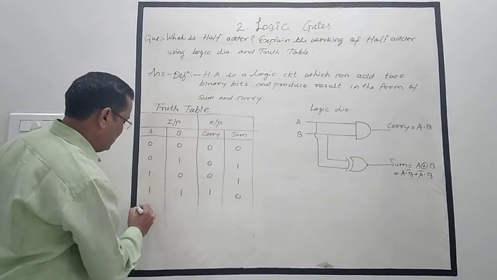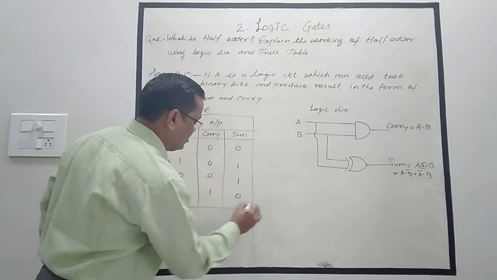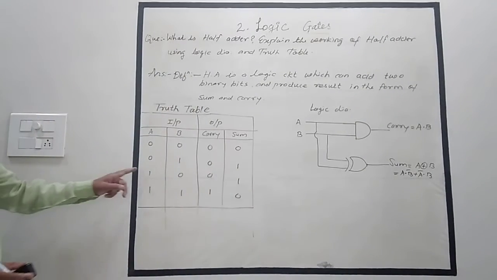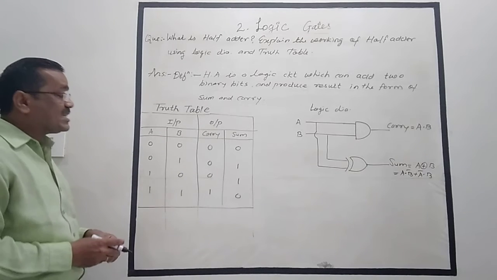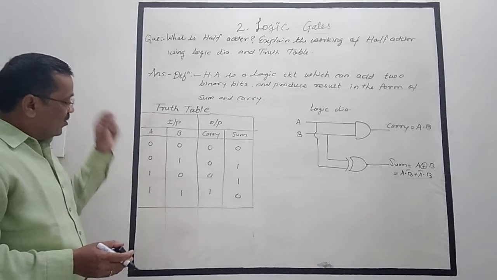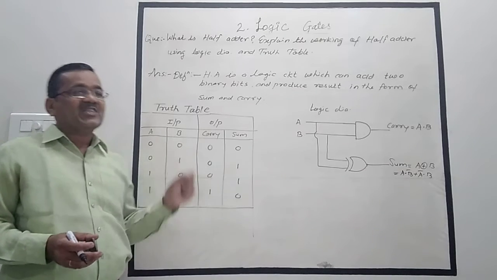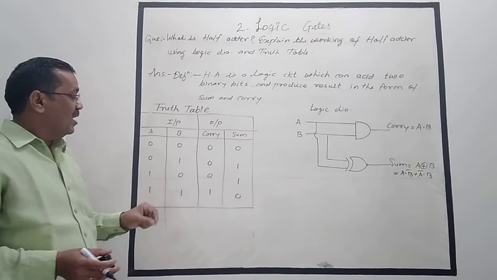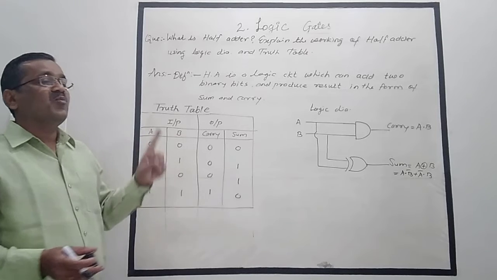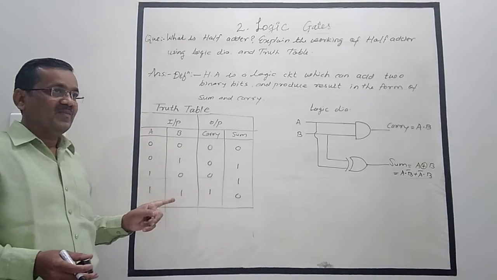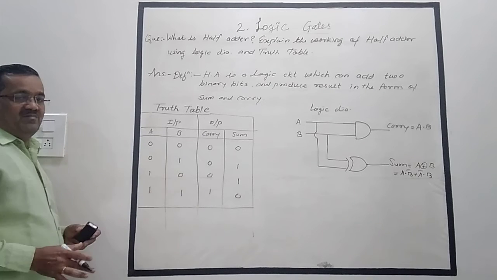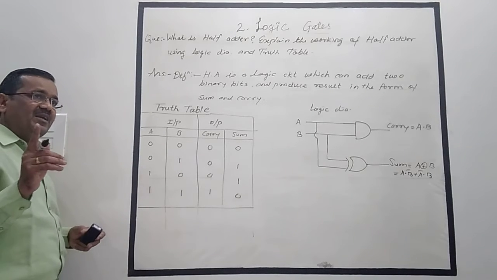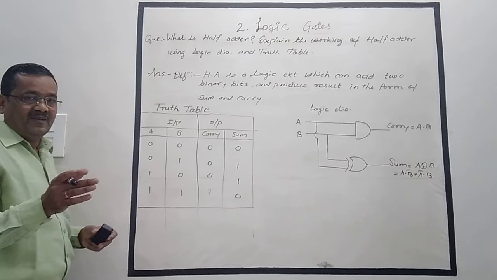Sum is produced and that can be explained by using the XOR gate, the exclusive OR gate. The condition for the XOR gate is like this: if either input is high, then the output is high. That means among the two inputs, if one bit is high, then the output is high.